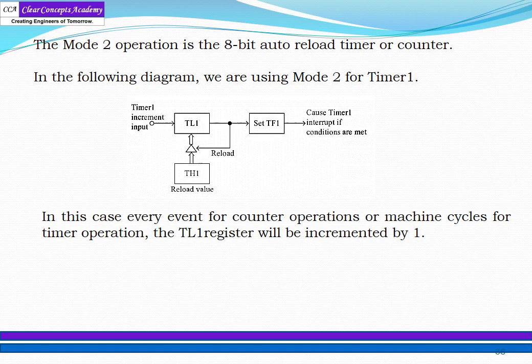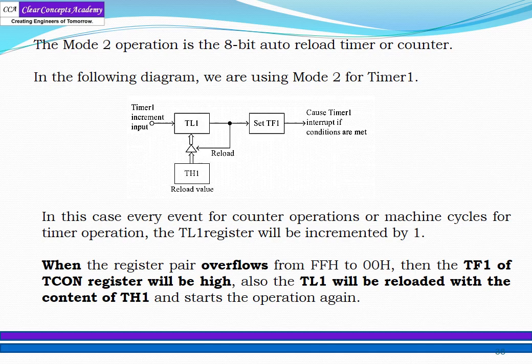In this case, for every event in counter operation or machine cycle in timer operation, the TL1 register will be incremented by 1. When the register overflows from FF to 00, then TF1 of the TCON register will be high. Also, TL1 will be reloaded with the contents of TH1 and start the operation again.